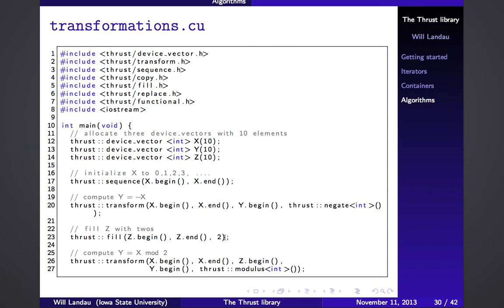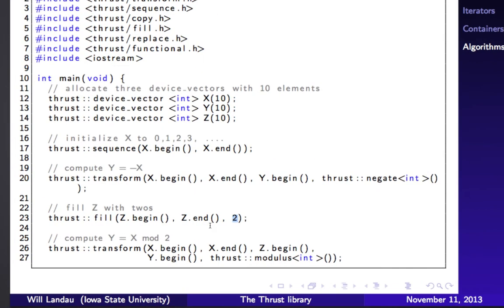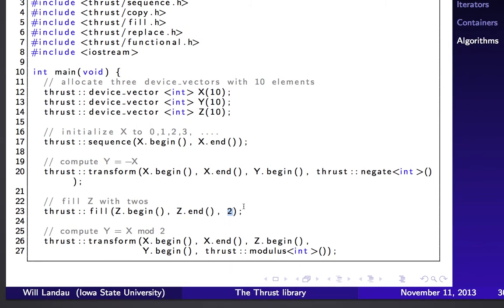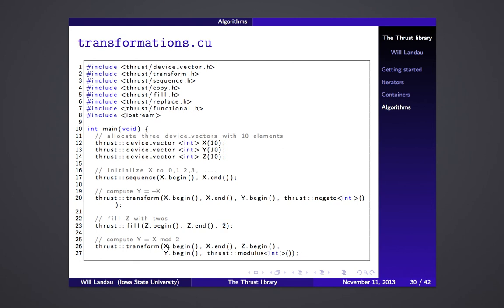Because z begin, I'm going to fill it with all 2's. So from z begin to z end, this all gets 2. So the value pointed to by z begin is going to be 2. And so what I'm going to do is take these values and compute the modulus of that. I'm going to compute x mod 2, and I'm going to store all those values in y.